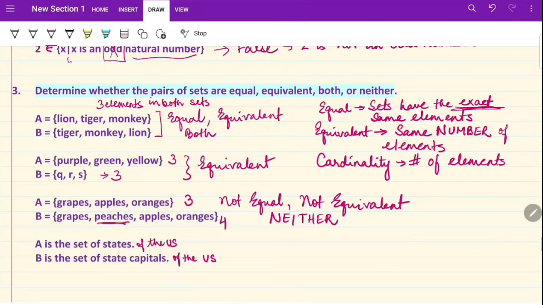So they wouldn't be equal sets. However, every state has a state capital. Therefore, these would be equivalent. The number of states would be the same as the number of state capitals and vice versa. However, the individual names of the states are not the same as the names of the state capitals. So the answer to this is they are equivalent but not equal.